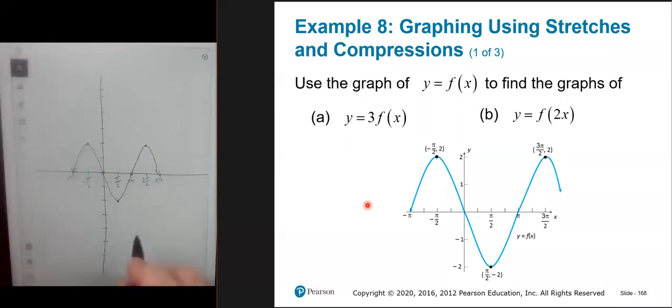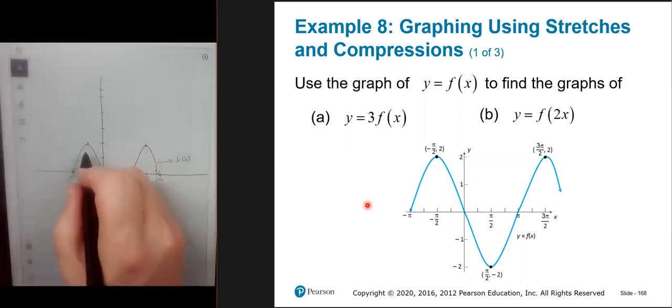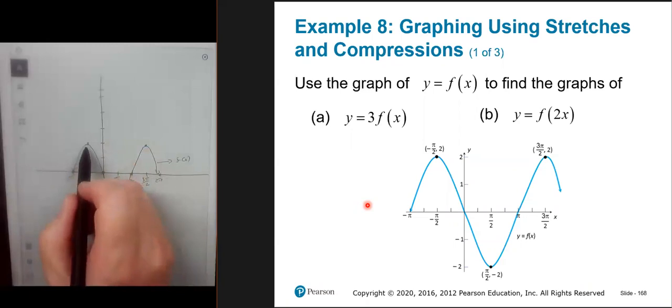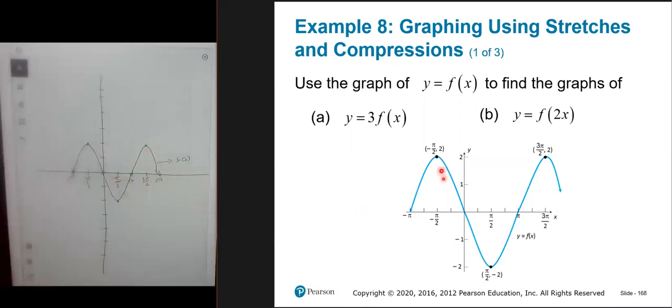And so this is f of x. And so when I multiply 3 times f of x, that means we're multiplying the y values by 3. We're going to keep the same x values. Now this is the point, what point was it? Negative pi over 2, 2.